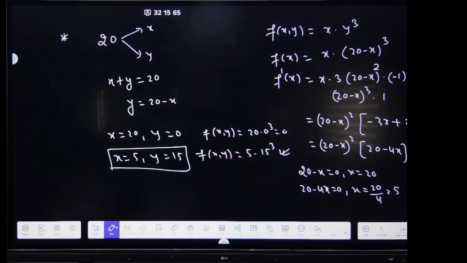Do it. Question number 12 and then 15. Both are word problems.